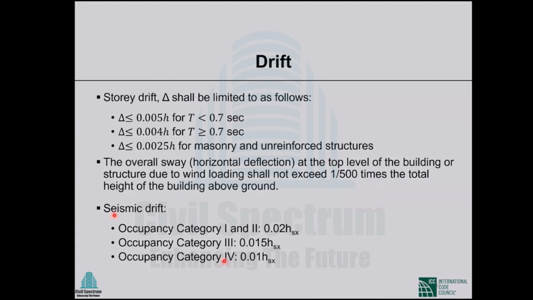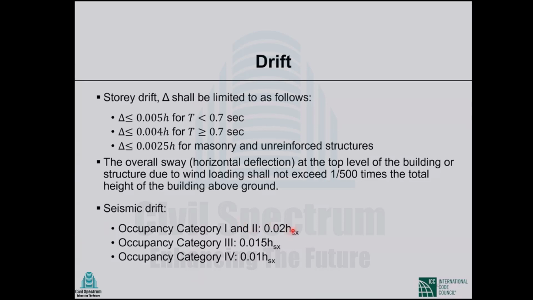Now, seismic drift, although this is not part of chapter 1, this is actually part of chapter 2, but I have included this information in the same slide so that you know there is a separate clause for drift limit for earthquake loading. The seismic drift is related to occupancy category, basically for different occupancy categories, that is the risk categories, like low hazard buildings and standard occupancies.